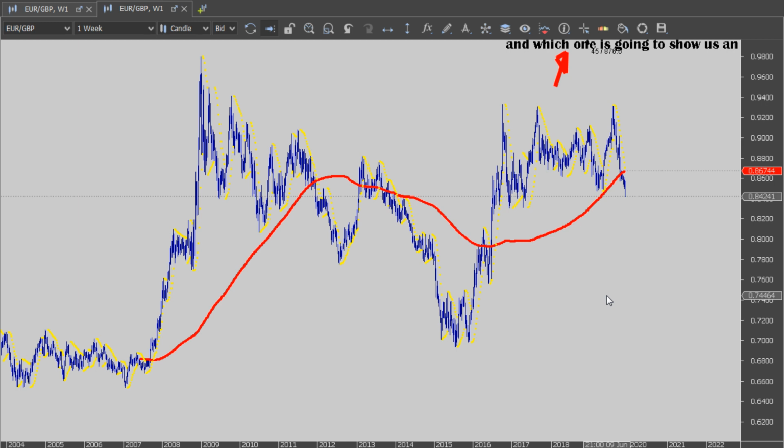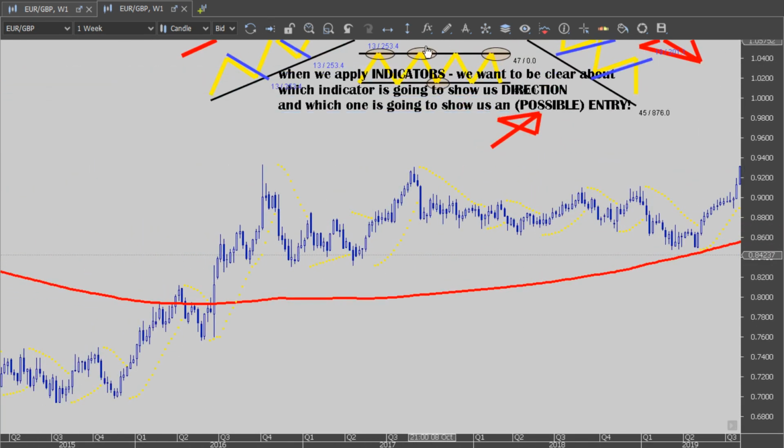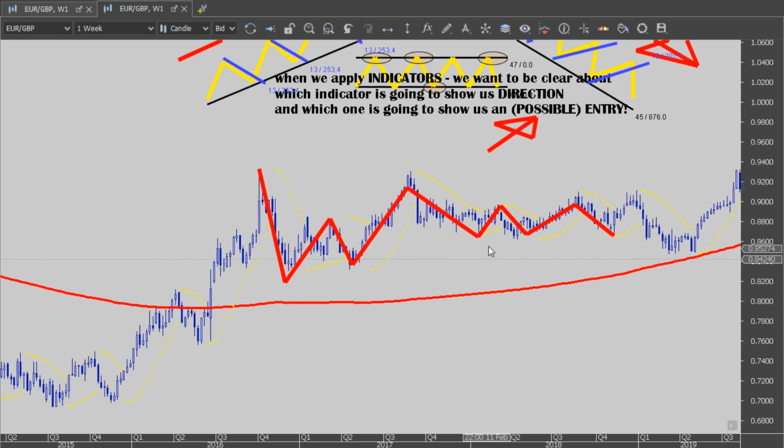And again, there is no right or wrong, but if you are going to check those two, you are going to see that parabolic SAR is not the best option for direction, right? So if I'm using the parabolic SAR for direction, then I'm going to have big problems, because down, up, down, up, down, up, down, up, right? It's a mess.